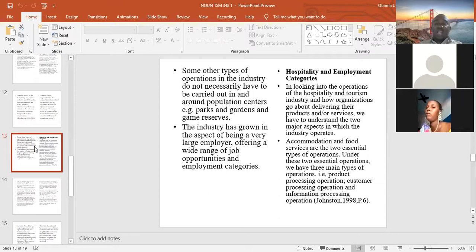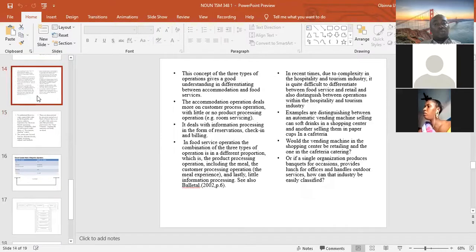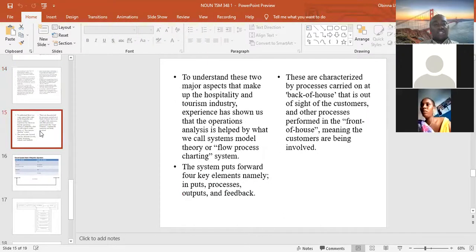We also looked at the hospitality employment categories. Why we need who we need in the industry. Why is it that person? At what time do we need this person? What are the specialties of this person?